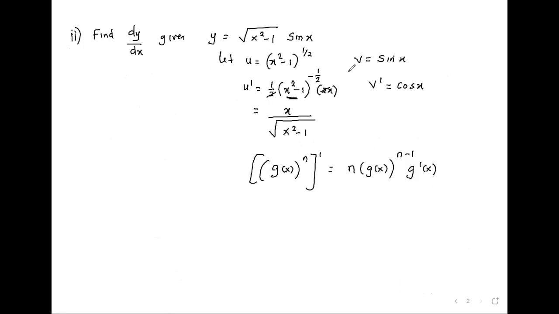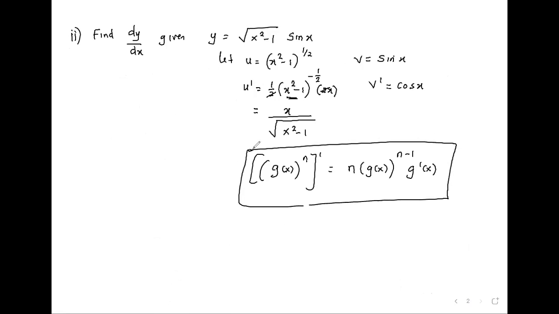So this is what we are using every time, and even to differentiate using chain rule we're using this. And so now we combine them. So we say dy dx is equal to u prime v plus v prime u. Which one is u prime? U prime is x over the square root of x squared minus 1 multiplied by v.